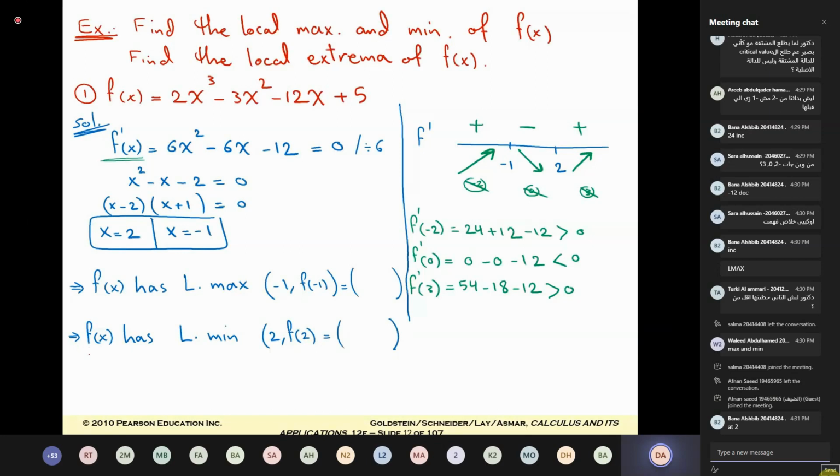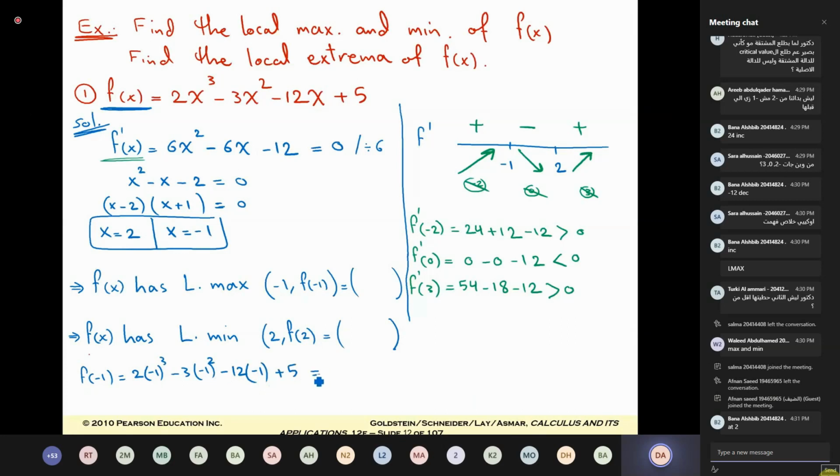To find this point, look at this. For example, f of -1, substitute here in f of x. We have -1 to the power 3 minus 3 times (-1) squared minus 12 times (-1) plus 5.